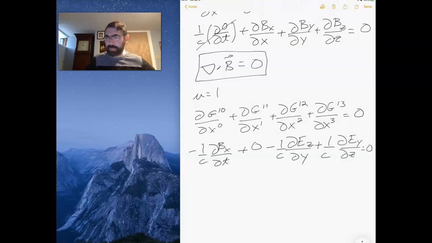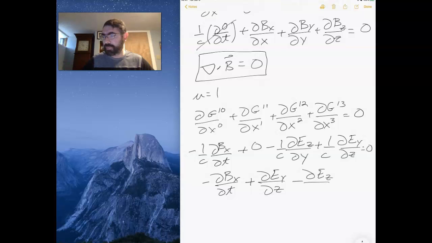So now if I rewrite this, I can divide both sides by 1 over c, and I would get minus the time derivative of the magnetic field plus the spatial derivatives of the electric field components.